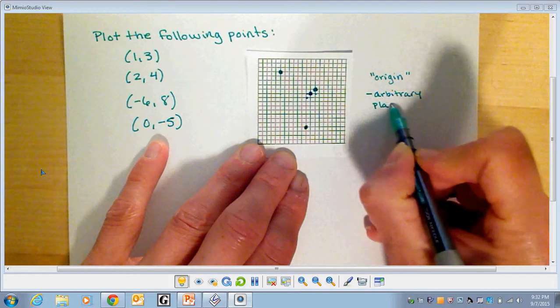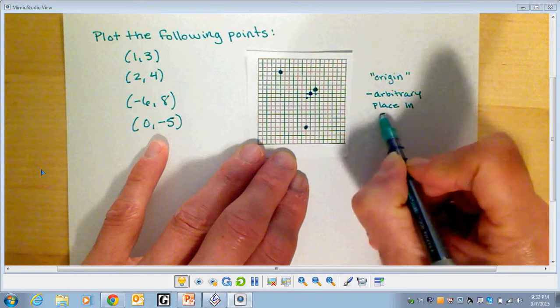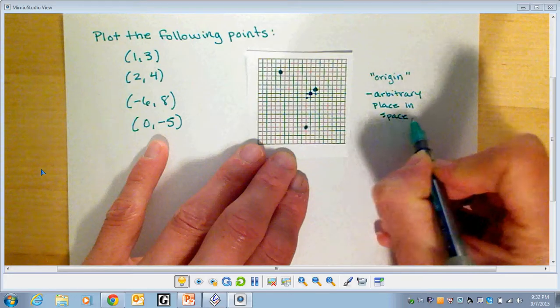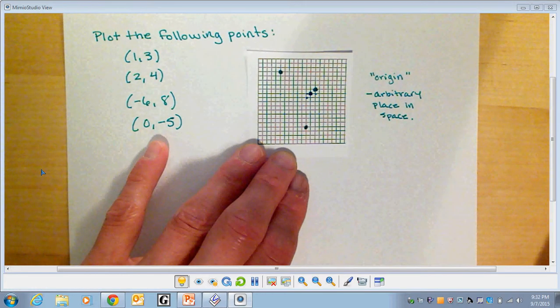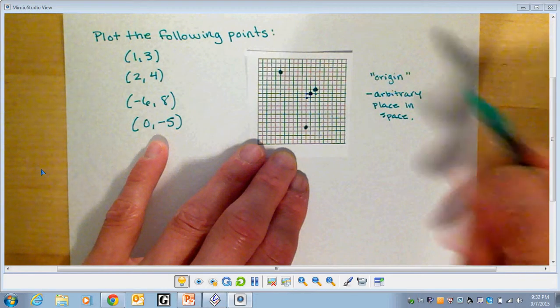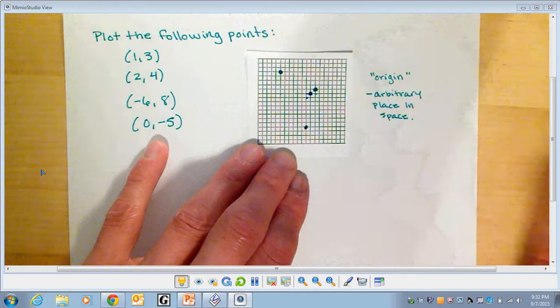What do I mean by arbitrary? I mean it's just some starting point that I choose. If I were going to tell you how to get from one place to another, I would tell you relative to where you're standing. That's the same thing with our XY coordinate system.